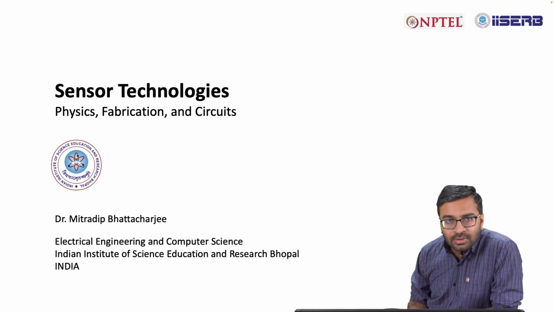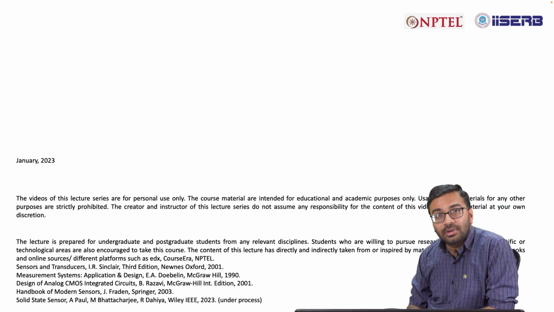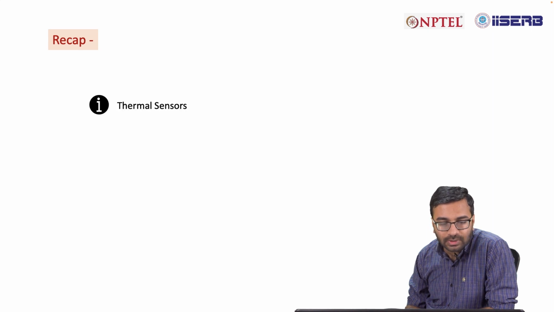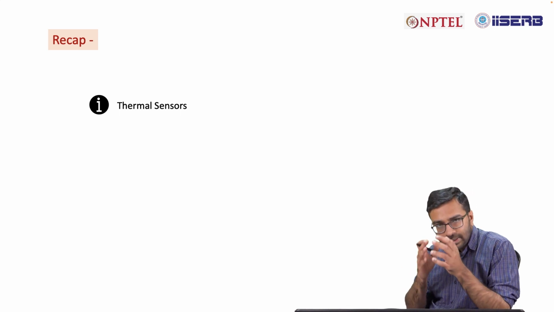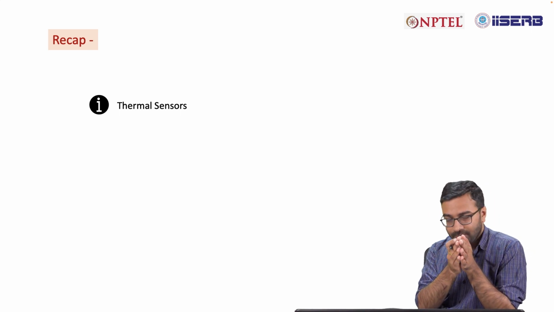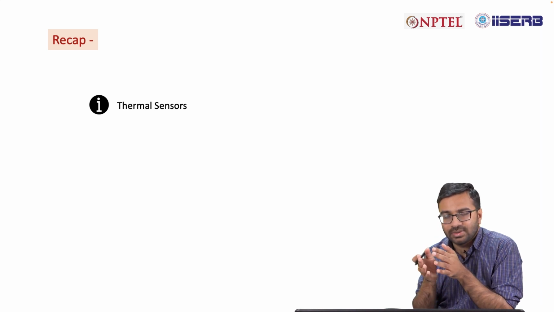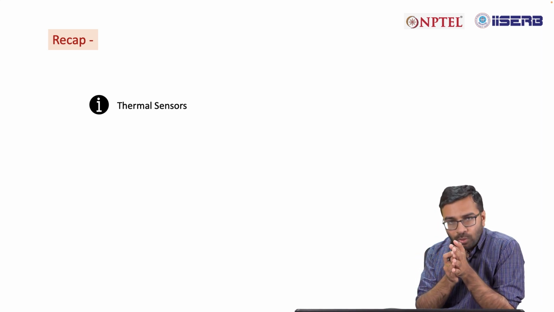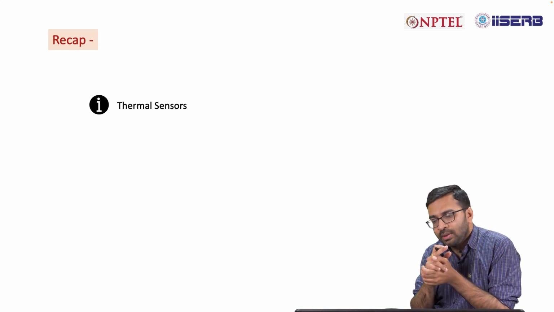Hello everyone. So we have already started discussion related to thermal sensors. We have seen that we can take an electrical equivalent of a thermal sensing situation to understand how thermal resistance may influence the temperature sensing overall.